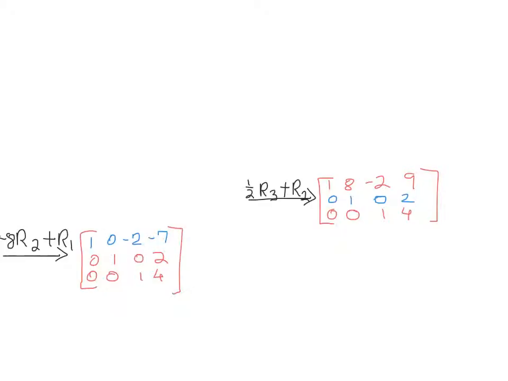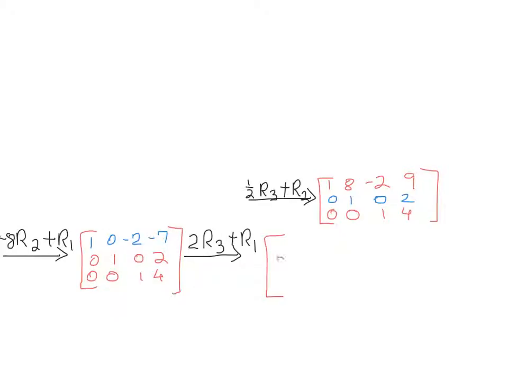Okay. So now the last step is to get rid of the negative 2. So what should be the formula? 2 times, in which row do you have the 1? Row 3. So 2 times row 3, 2 times 1, added to row 1.